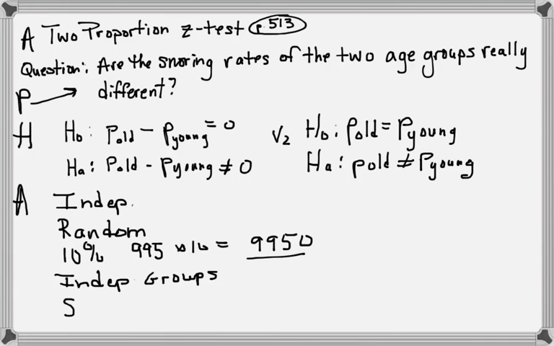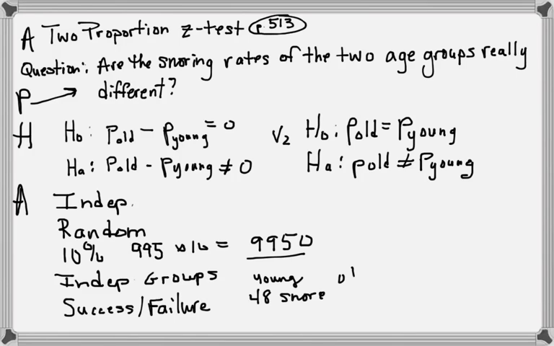Okay, the last one we have is success or failure. So in this case, let me give you the information for this one. The first thing we had in the younger group, we had 48 to snore. This is young.